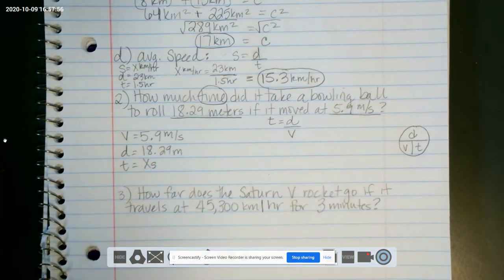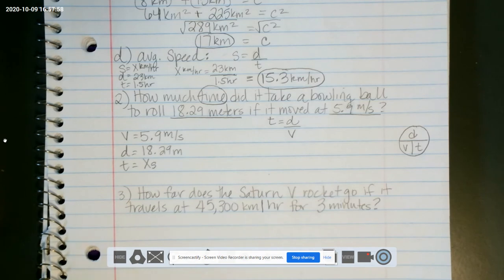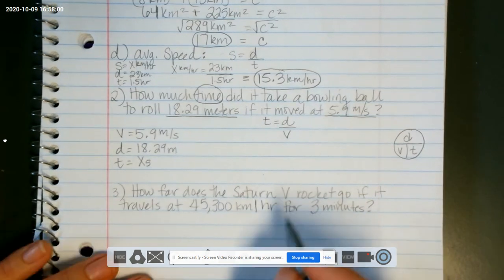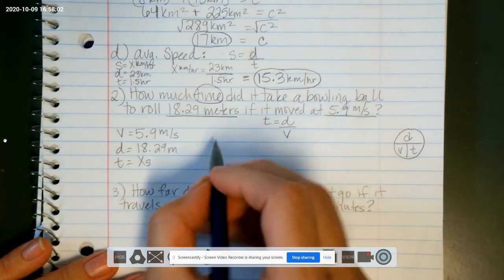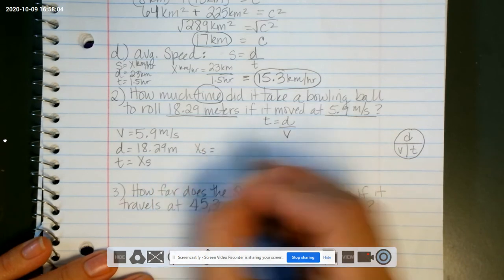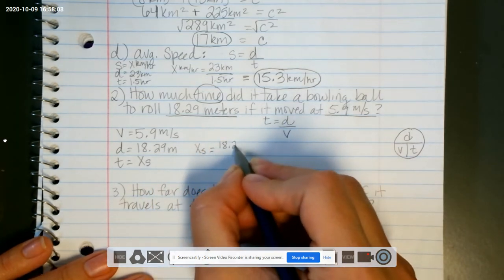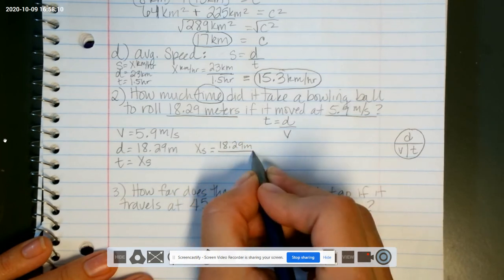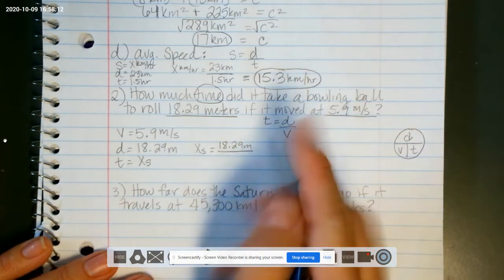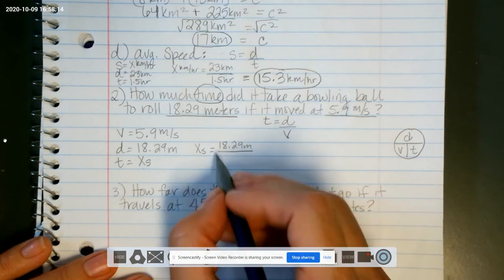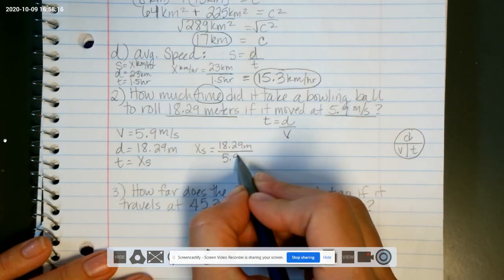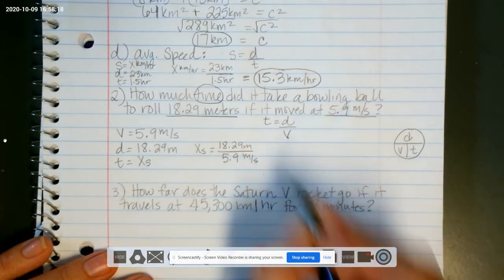Okay, so we are going to now solve by plugging it into the equation. So we're going to go using this equation. X seconds equals my distance on top, and that's going to be 18.29 meters, and we're going to divide that by our velocity, v, 5.9 meters per second.